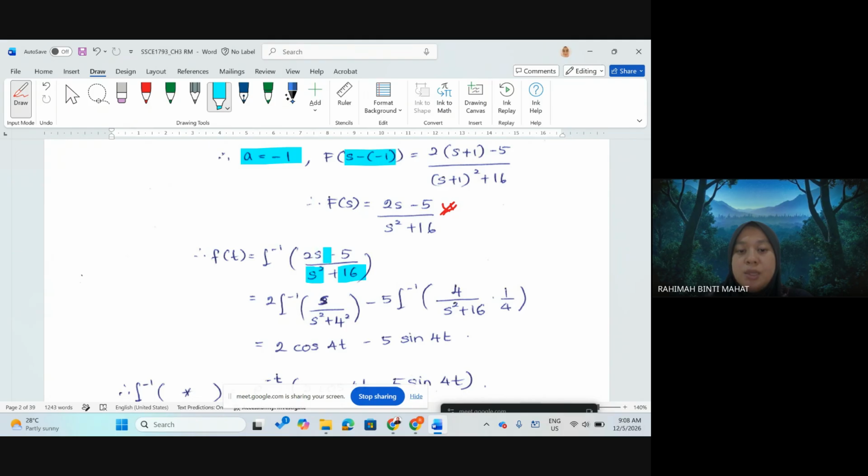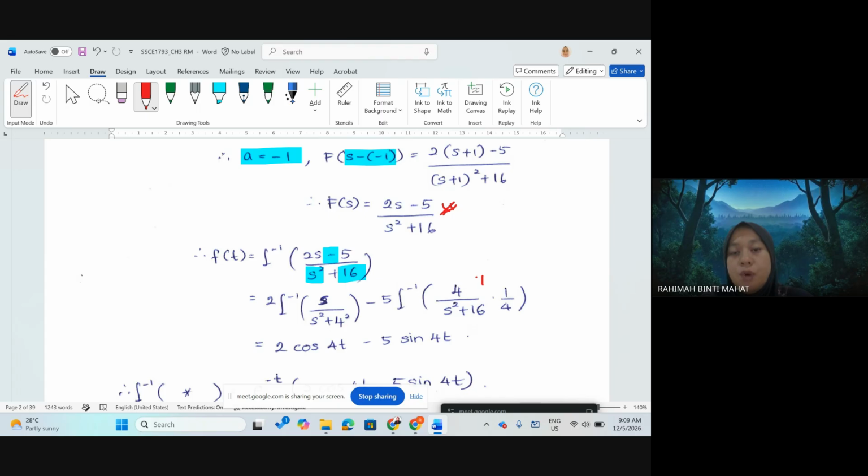And separately you get 2s over s squared plus 4 squared, minus 5, all the coefficients, the constant you take out from the Laplace. So this one will be given to you 4 over s squared plus 16 times 1 over 4. Actually, if you take out the 5 here, it will become 1.